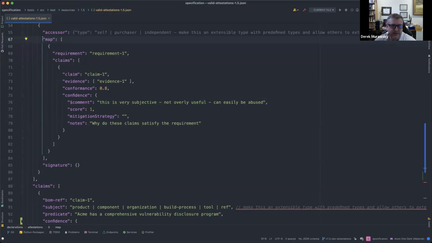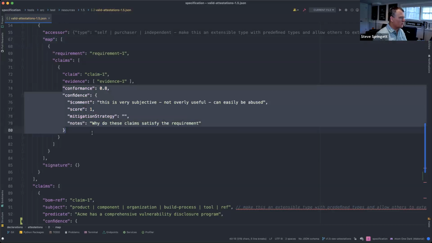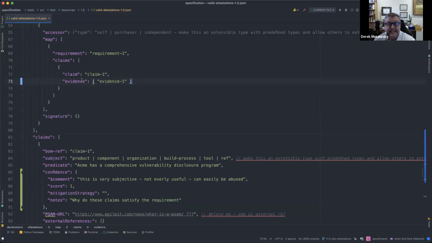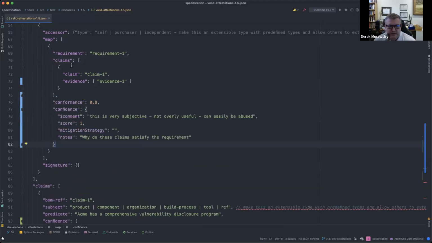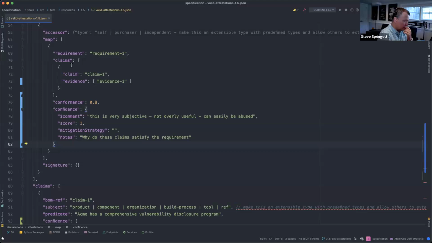Basically, it should be at the same level of indentation as requirement, because we're now saying that the conformance and the confidence of this claim and evidence set by the attester meets this requirement or doesn't meet this requirement. So I think this allows us to be a lot more DRY now, but it still lets the attester supply additional evidence to say, no, you don't quite meet this, or this is contrary to your claim. Yep. Does this make sense?